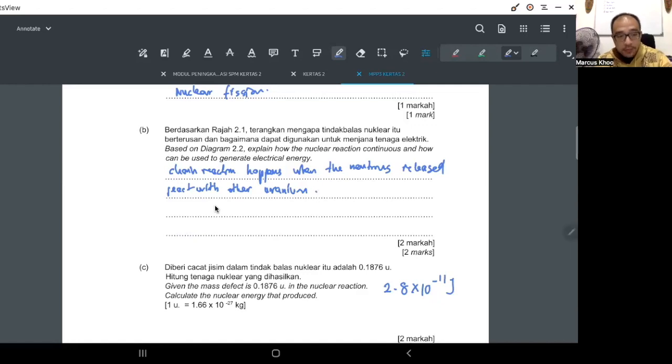Now we haven't answered the second part, which is how it can be used to generate electrical energy.